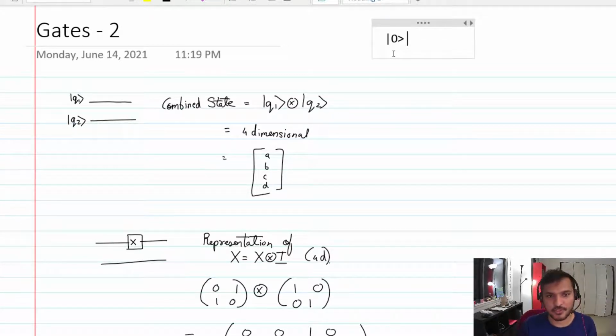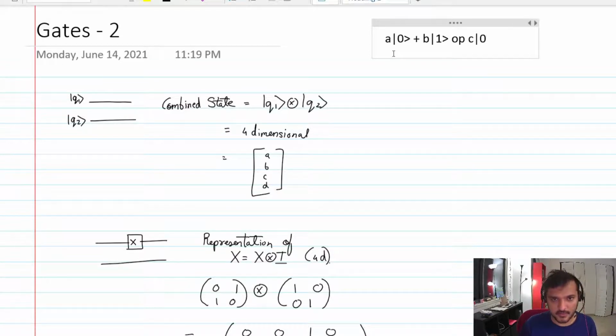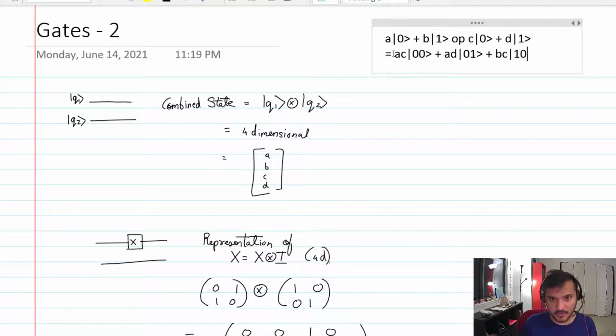So this is what outer product is. Let me just quickly go over it. If I have A0 plus B1 and I want to do an outer product with C0 plus D1, the result would be AC00 plus AD01 plus BC10 plus BD11.